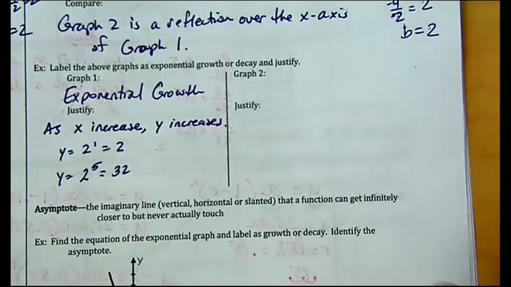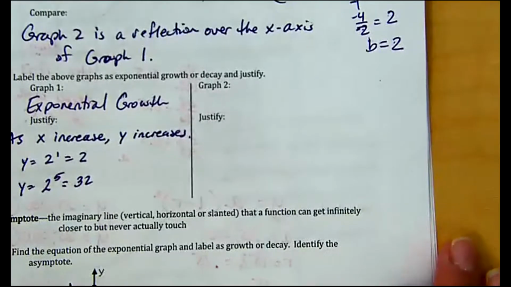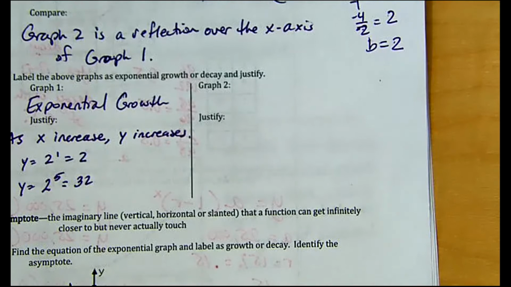Now here's my question for you. What about graph 2? Is graph 2 growth or decay? Think about that. I'm going to give you guys a moment to think about that. Is my graph 2 growth or decay?